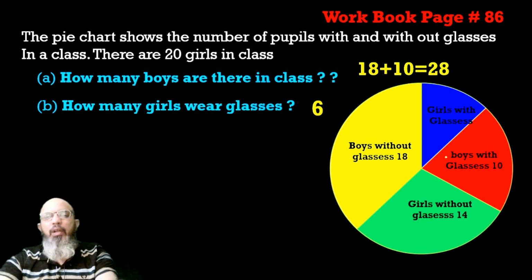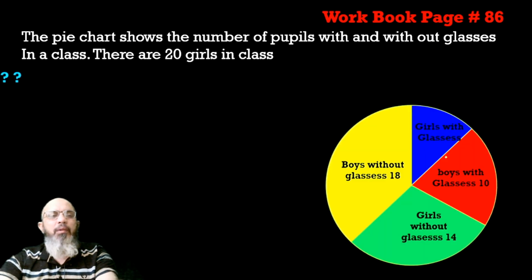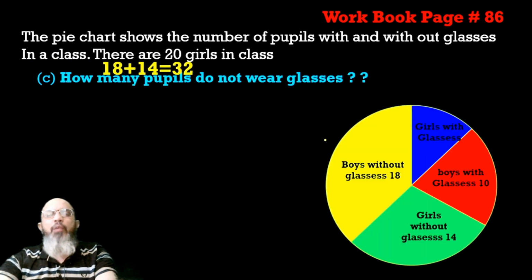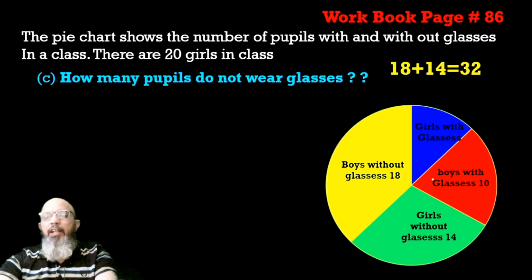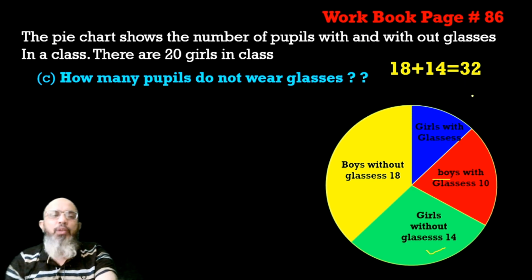Okay. So now see what is the next from the same question. How many pupils do not wear glasses? Girls without glasses 14 and boys without glasses 18. So total 32 students are without glasses.